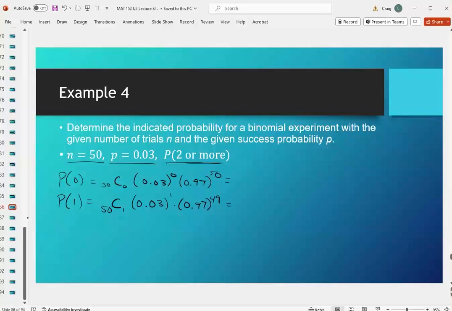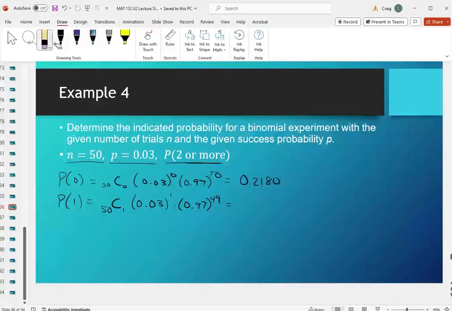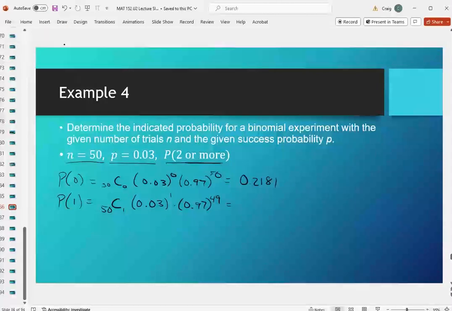For the first one, you should get 0.2180 or 2181, we'll call it. And for the second one, 0.3372. And if we add these two up, 0.2181 plus 0.3372, 0.5553. And so this is the probability of 0 or 1.